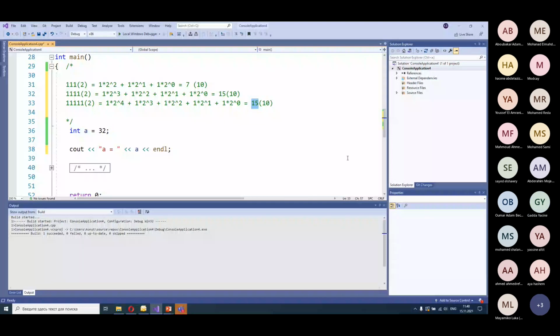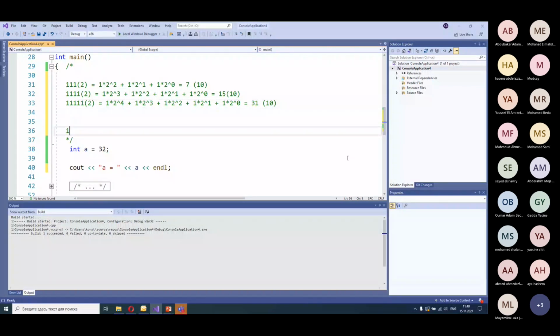So, did you guess the rule? What is the rule? What is the largest number that we can write in 8 cells? 1, 2, 3, 4, 5, 6, 7, 8. How to write it?